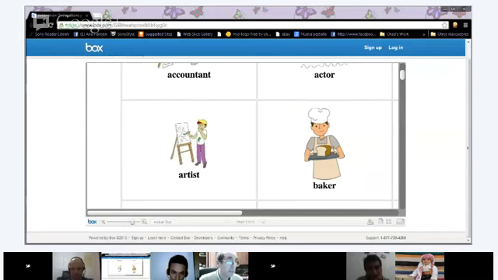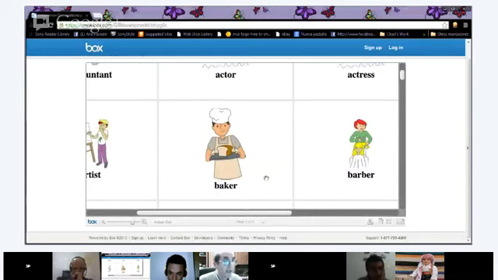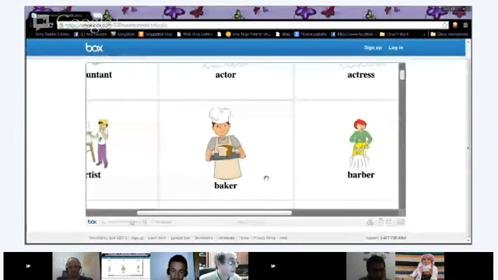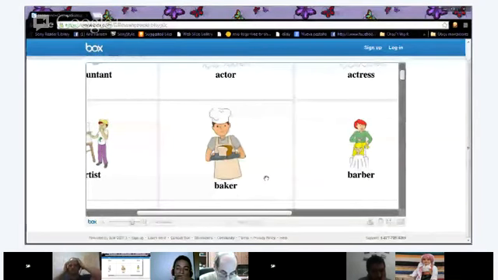How about Shadi? Our next word here. Baker. A baker. Now, a baker, class, is different than a chef. The person who is baking bread. So a baker makes things out of bread.